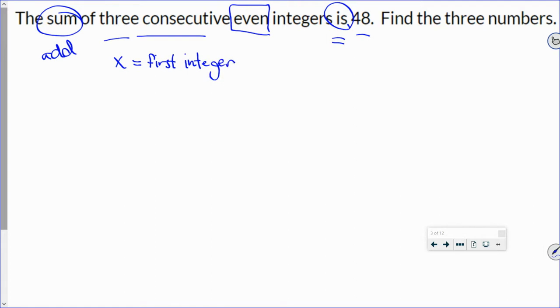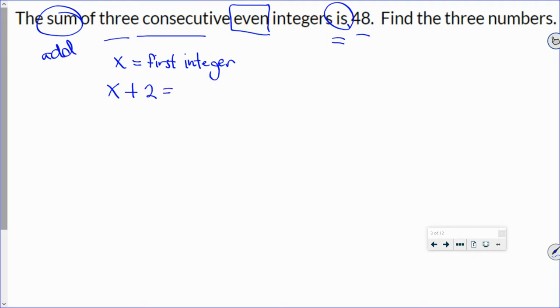And then my next one, my next even integer, is not x plus 1. Now it's x plus what? Because it's even, it's x plus what? My second one is going to be, if my first integer is even, it's x. My next one is 2 away, or x plus 2.